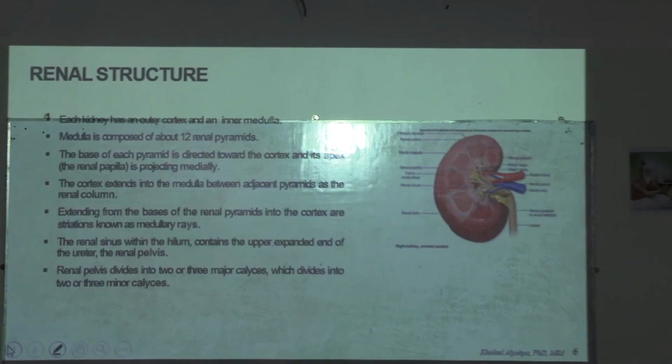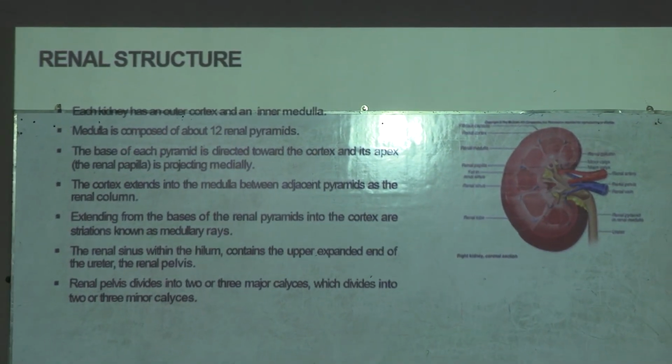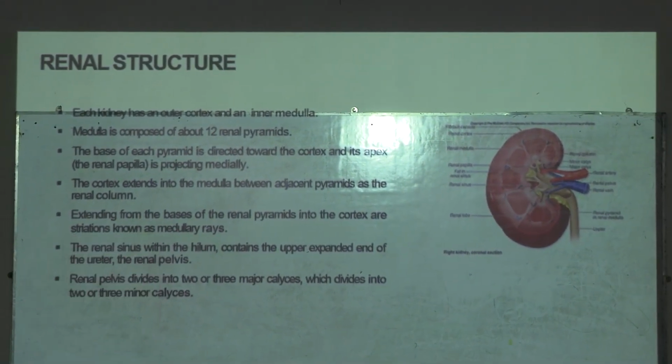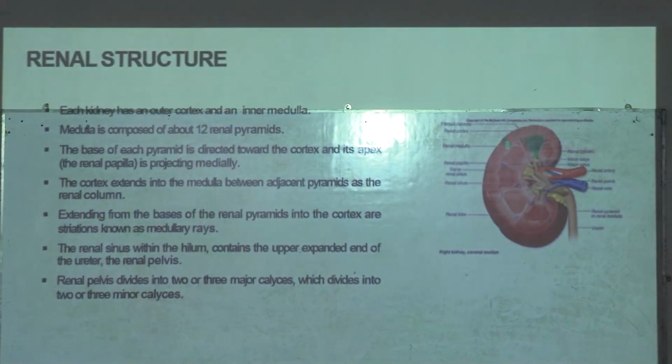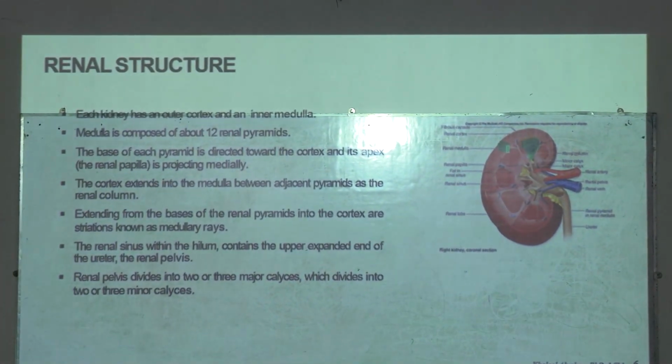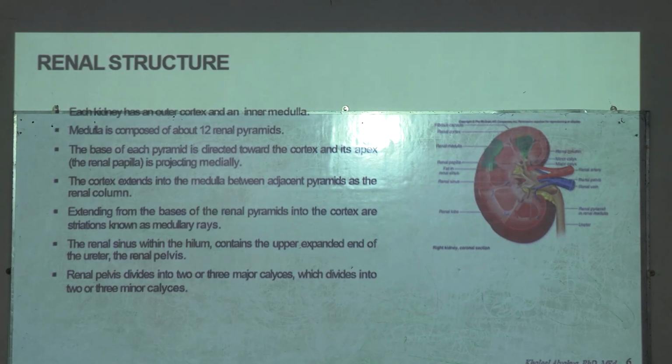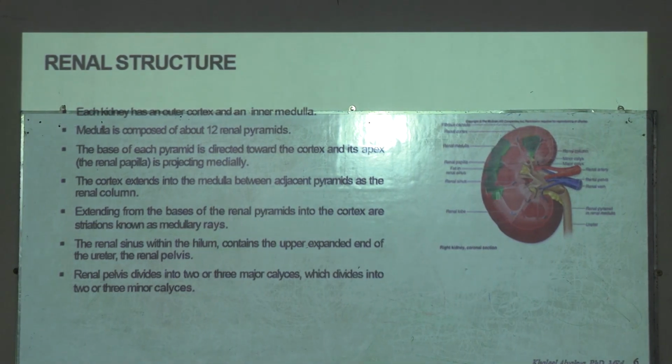This is the macroscopic structure of the kidney. If we cut the kidney in a vertical section, we can see this is the structure of the kidney. Here we can find the outer cortex and inner medulla.